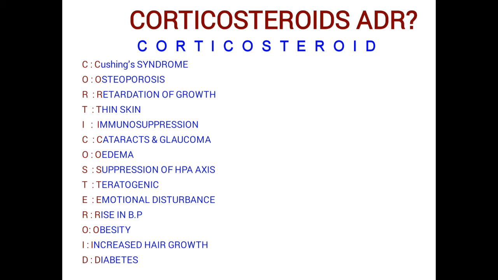Out of which osteoporosis, Cushing syndrome, immunosuppression, teratogenicity, obesity, diabetes, all are the most widely discussed adverse drug reactions of corticosteroids. You just need to remember corticosteroid at the time of your examination, so that you can write corticosteroid and see Cushing syndrome or osteoporosis. In such a way, you can include around 10 or 11, 15 side effects of corticosteroids.